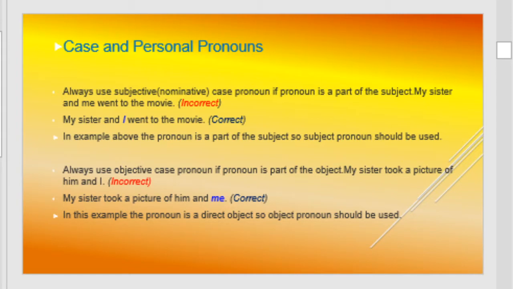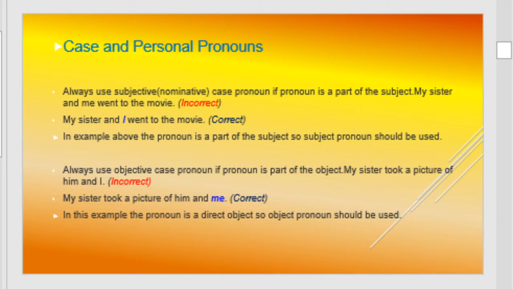In this example, the pronoun is part of the subject, so the subject pronoun should be used. Always remember, my sister and I went to the movie, not me. Yes, it sounds a little awkward actually. Always use the objective pronoun if the pronoun is part of the object.